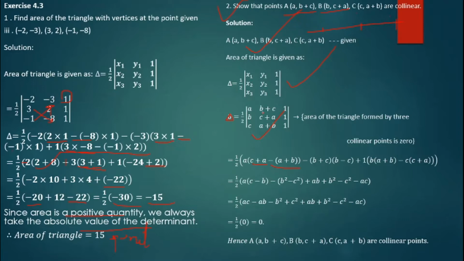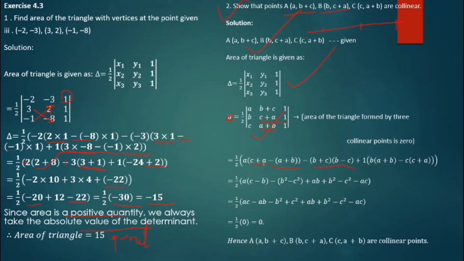Next, (B plus C) into (B into 1 minus C into 1), plus 1 into (B into (A plus B) minus C into (C plus A)). So here we have written it. Next, half. We'll solve inside the bracket first.